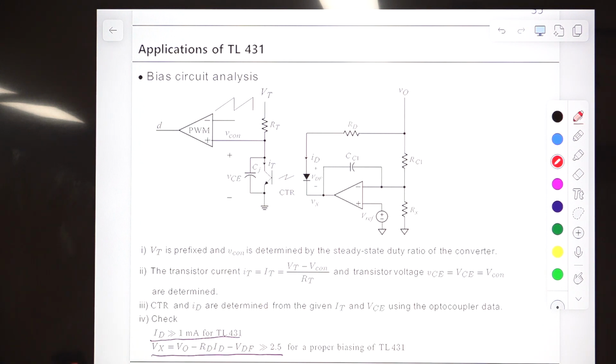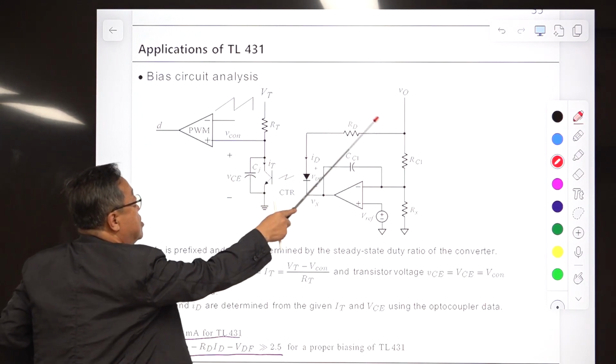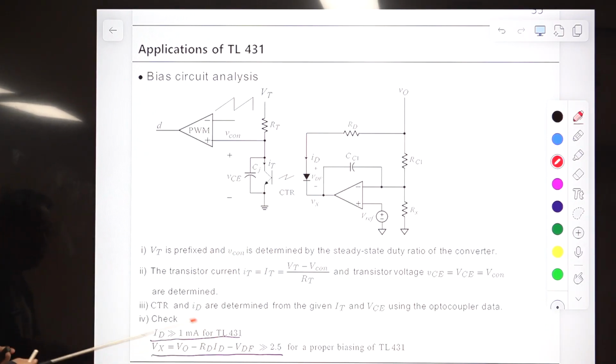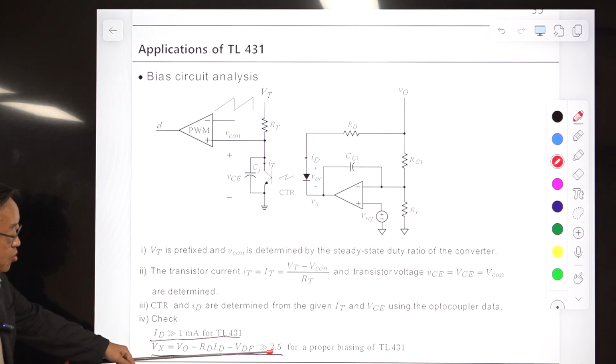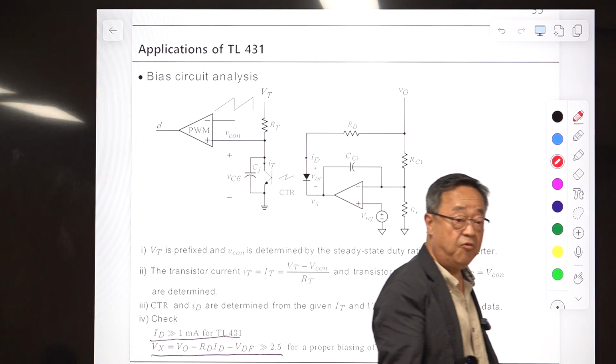Then you need to check this ID, the DC value of this one should be sufficiently larger than 1 milliamp. And this voltage here, which is this one minus the voltage drop here, and minus this diode voltage, which is very close to 1, that voltage should be much larger than 2.5 for the proper biasing of TL431.